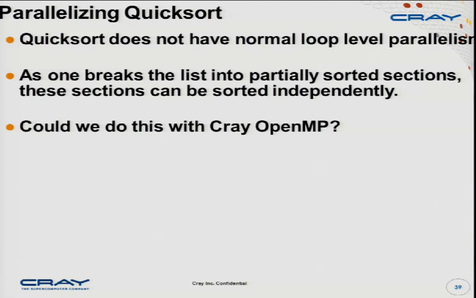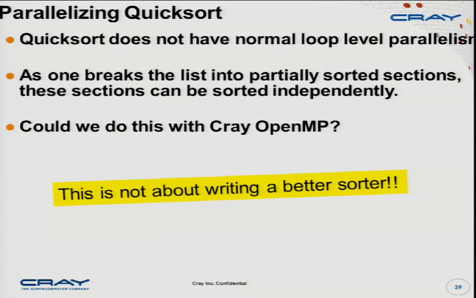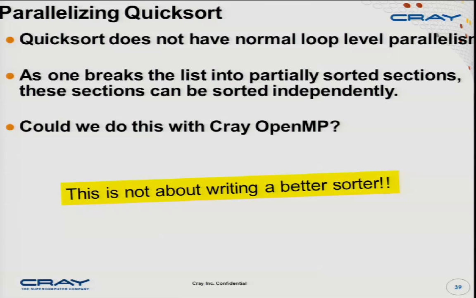You kind of break the list, partially sort it, break it into subgroups, and then do that again. Well, could we parallelize this with OpenMP? Before I go any further, this is not about writing a better sort. I know how to write better sorts, but this one is going to be a good example of how to do it.